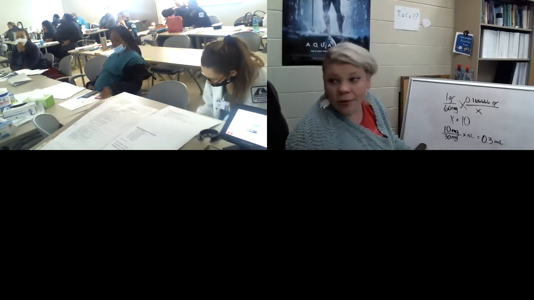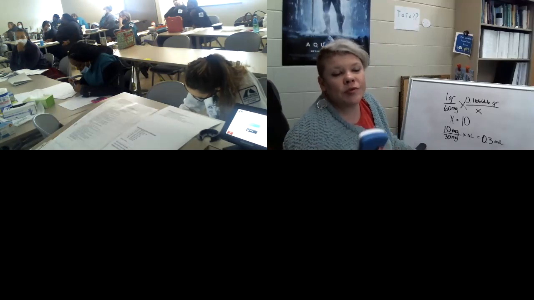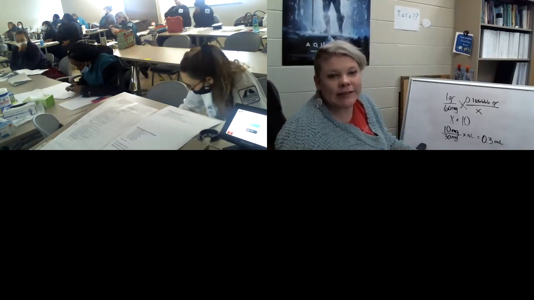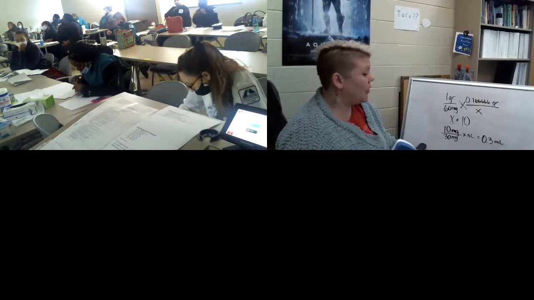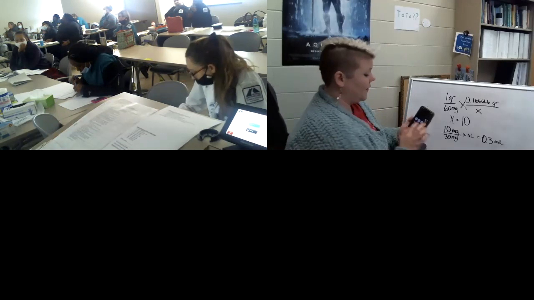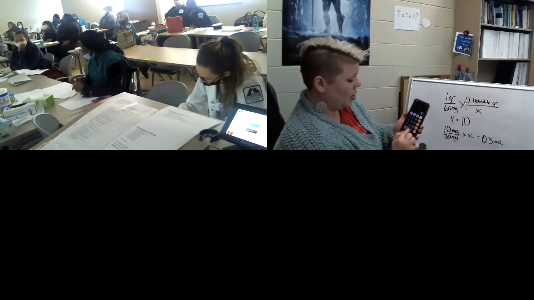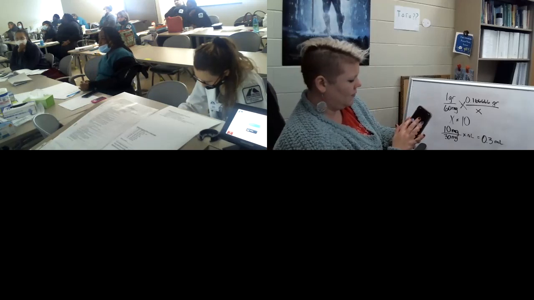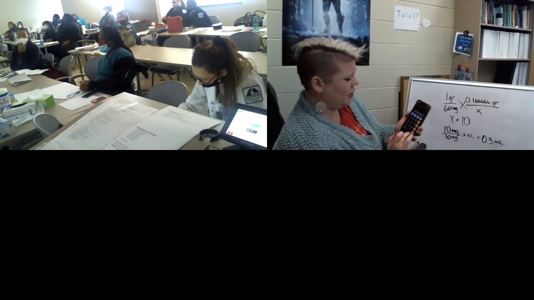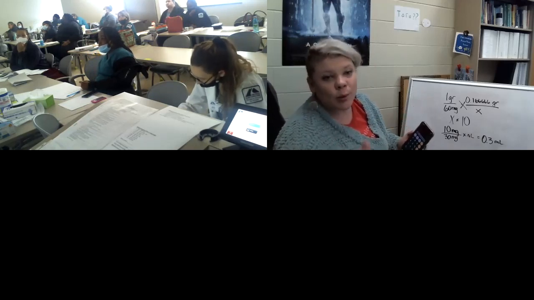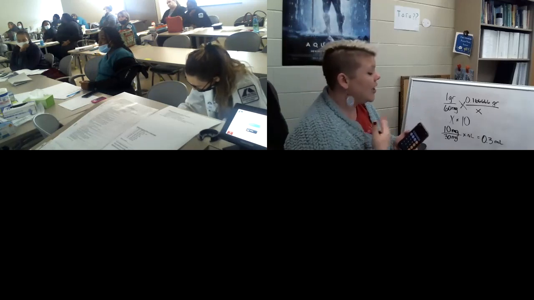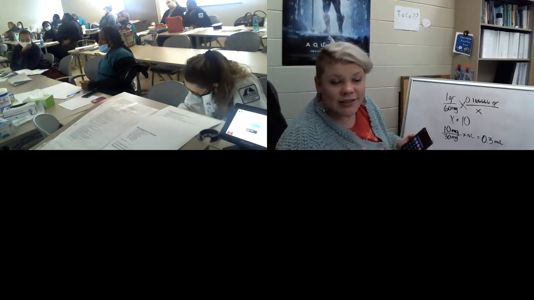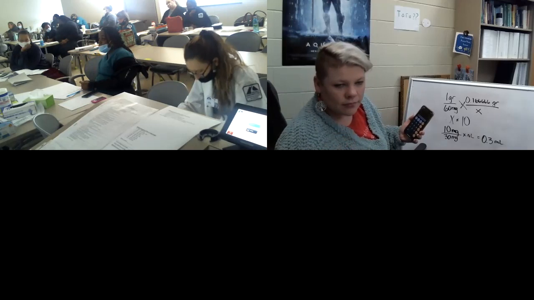Okay, so normally I would say give me the nearest tenth. But this literally works out if you divide 10 divided by 30. So 0.3. If I say round to the nearest tenth, then I would say 0.3.